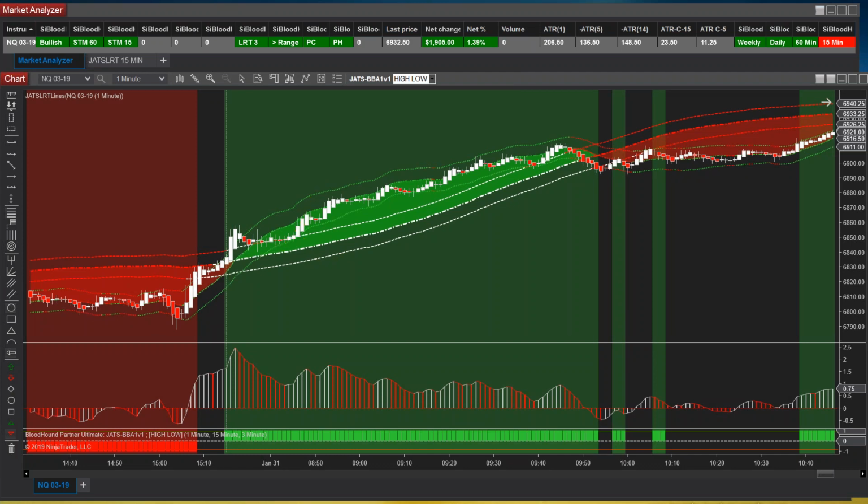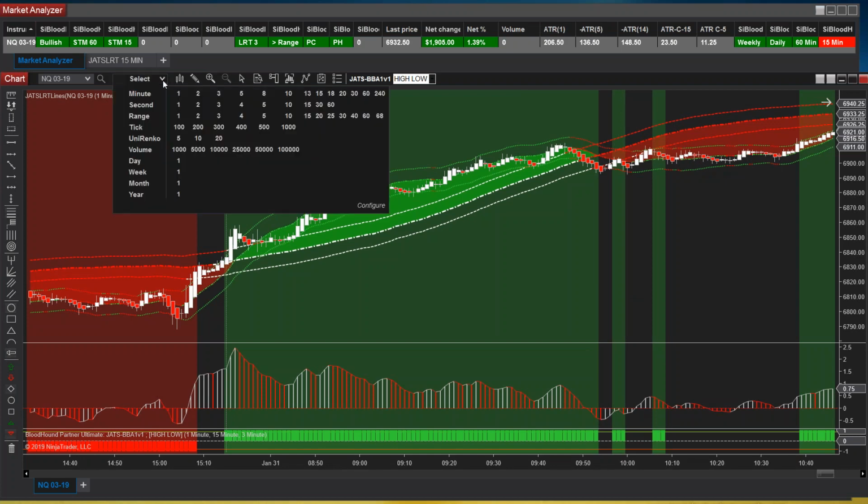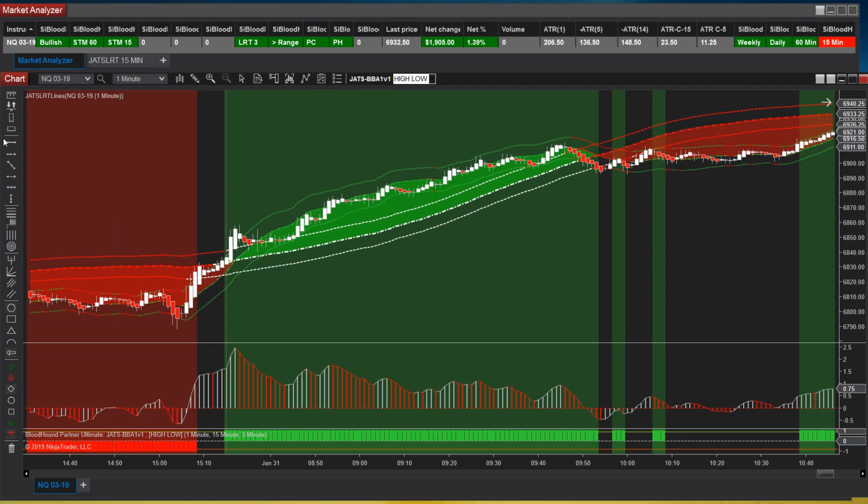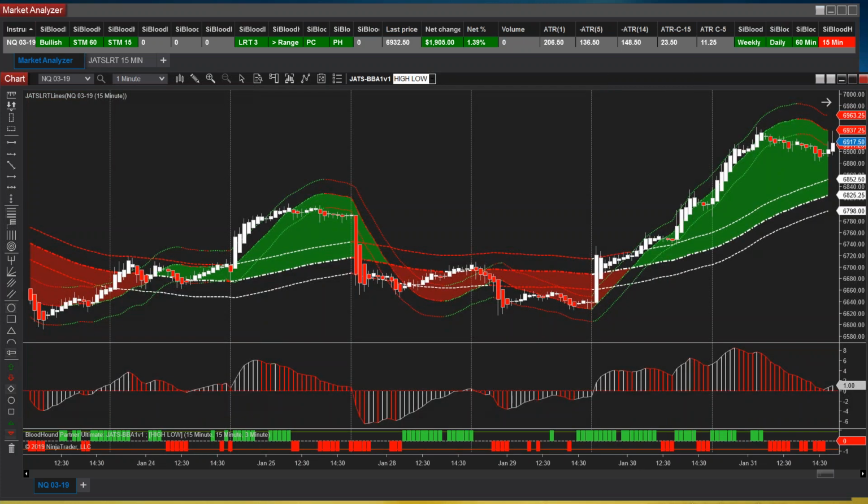So we'll go over those details next week, and how to get some nice price action trades, especially on those higher time frame charts, like a 15-minute or a 10-minute chart, or something like that.